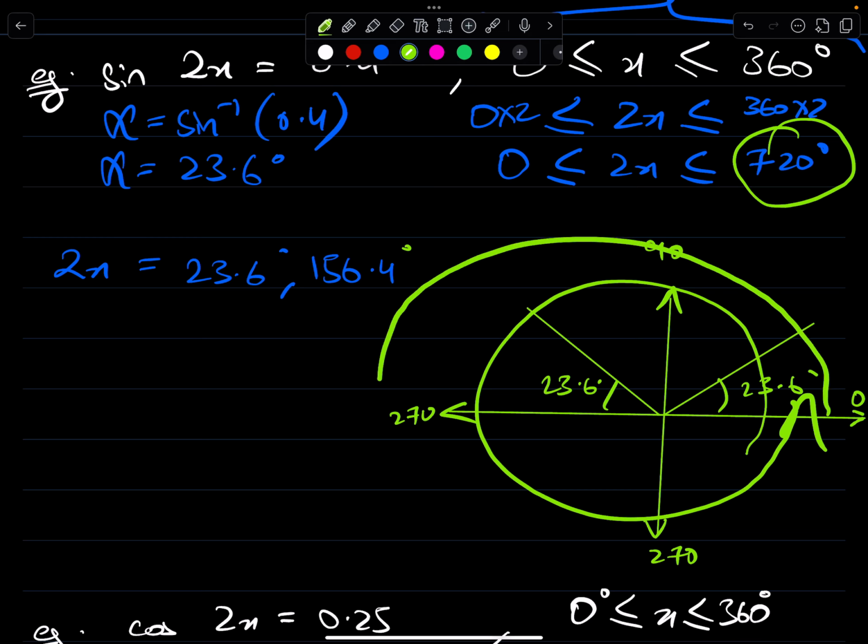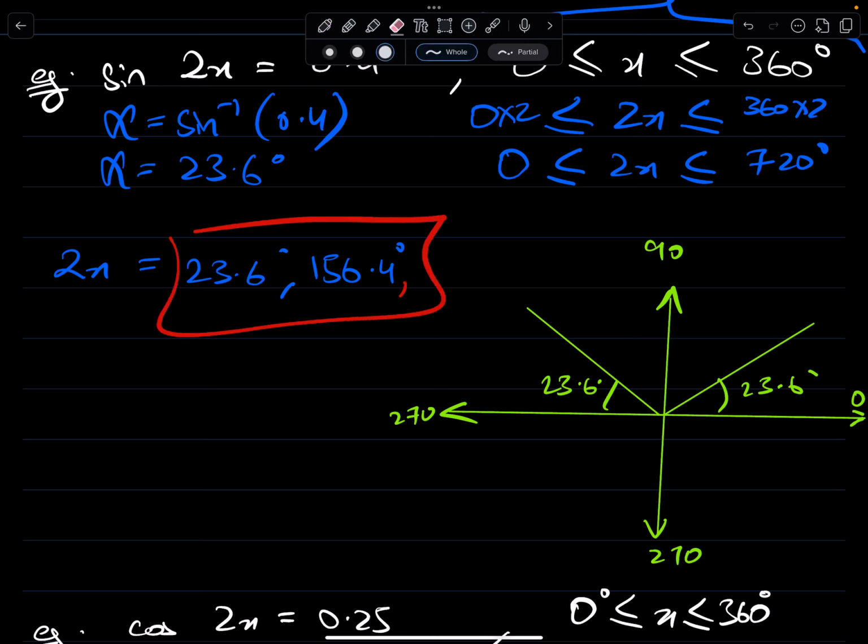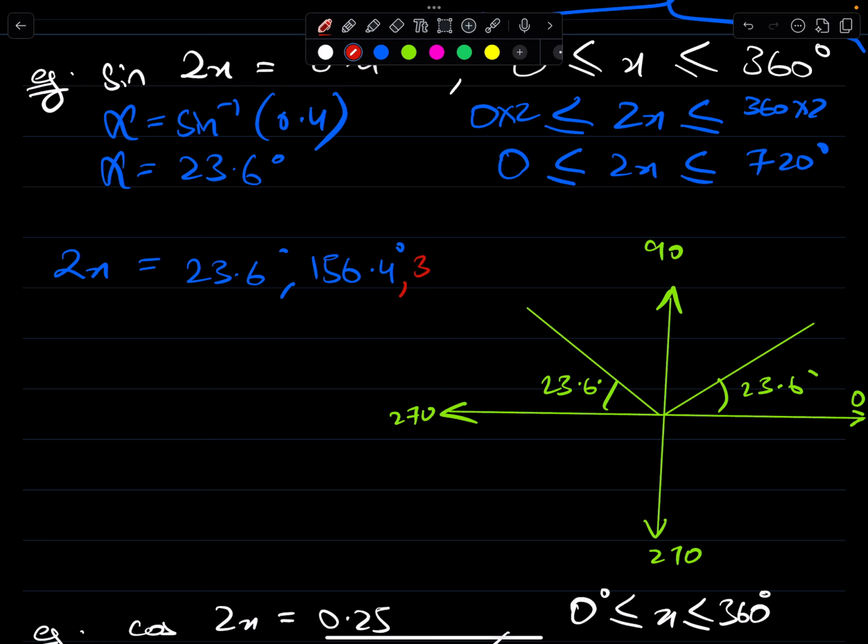Thus, we will take one more cycle. To account for that one more cycle, we have two more angles. We will just add 360 to the first one.